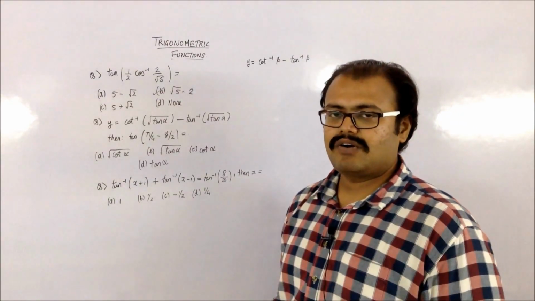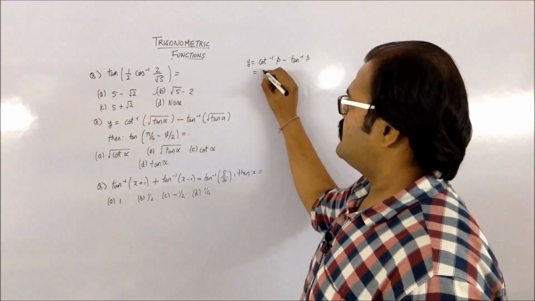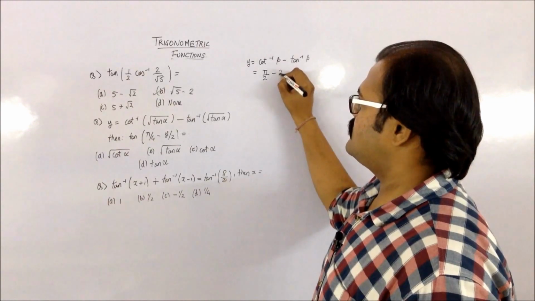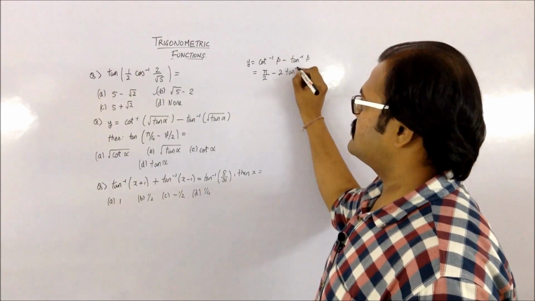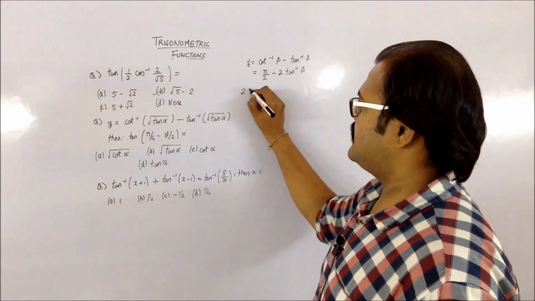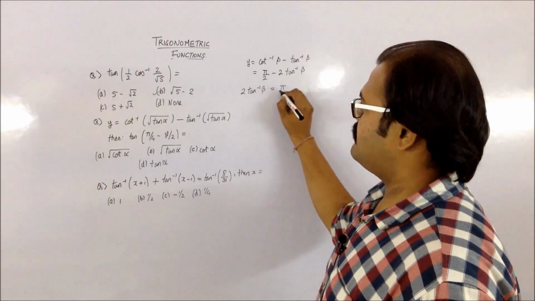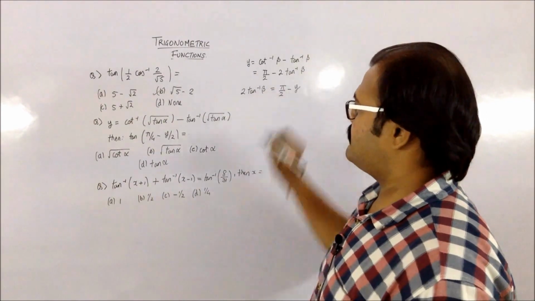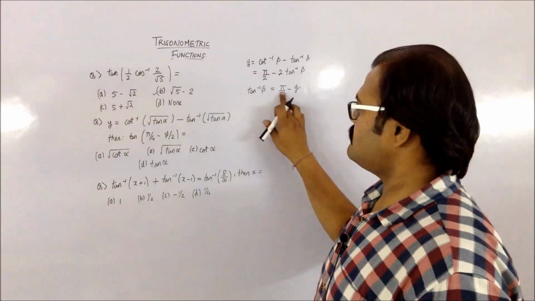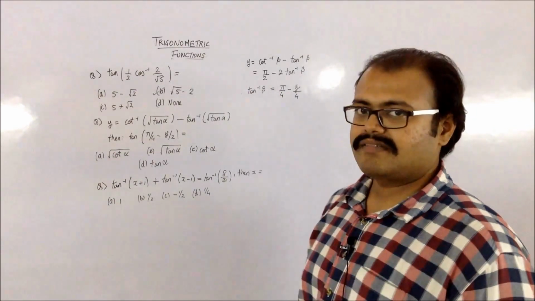Now I know that cot inverse of beta is nothing but pi by 2 minus tan inverse beta. So that's going to be pi by 2 minus 2 tan inverse beta. So I can take this side, so I'll be getting 2 tan inverse beta is equal to pi by 2 minus y. Dividing throughout by 2, this becomes pi by 4 minus y by 2.